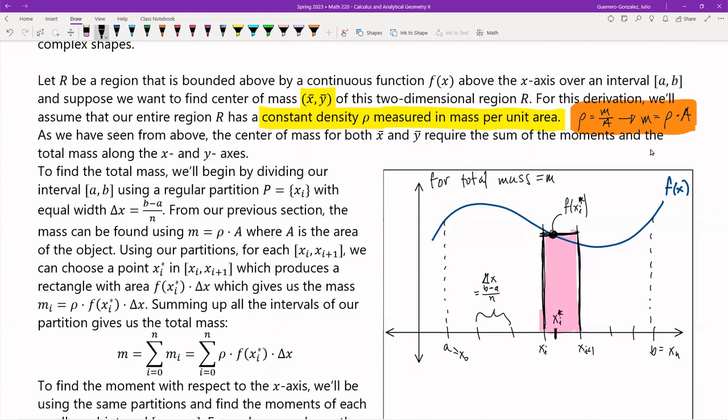Okay. And if you sort of run this out a little bit, the area for this is going to be f of xi star, that's going to be the height, times delta x. That is our width, and that is our height.